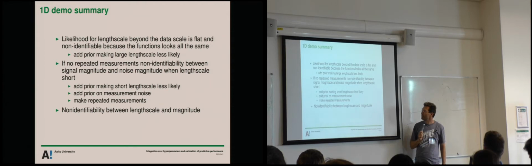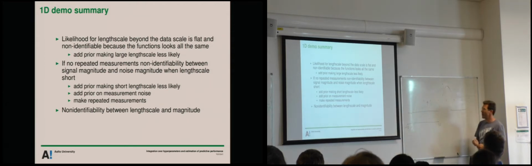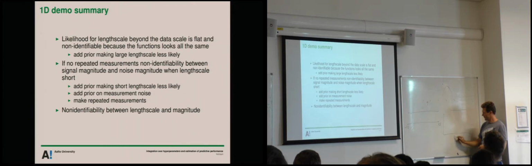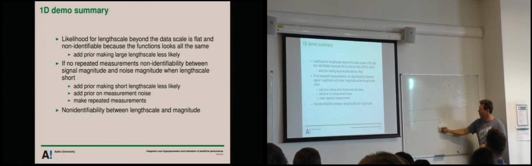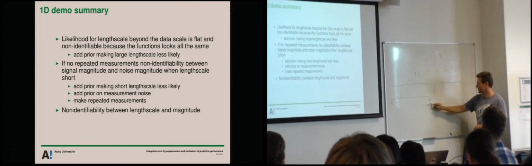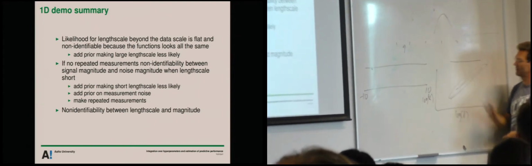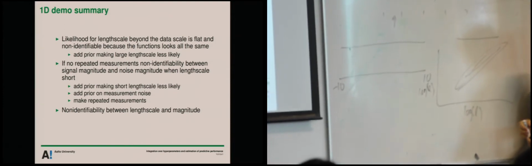I have another demo where it's shown, but I can just draw it also. So it's just that usually, especially for the log length scale and log signal magnitude, let's say alpha, the posterior distribution often looks something like this.